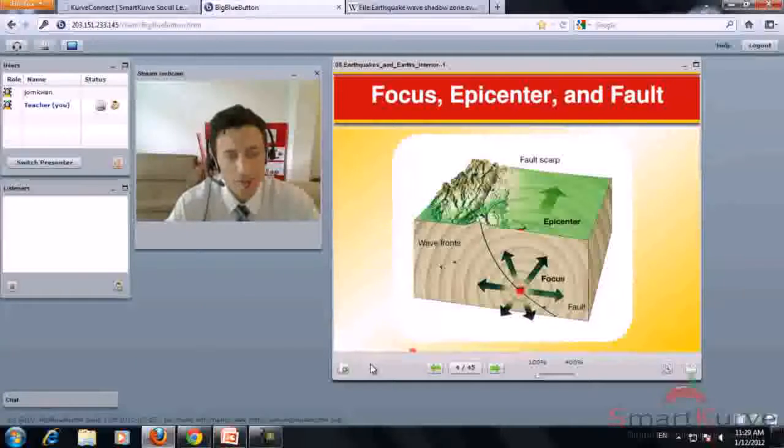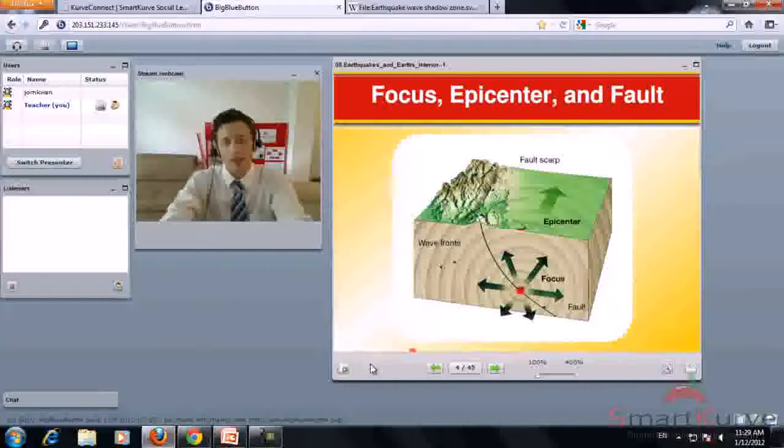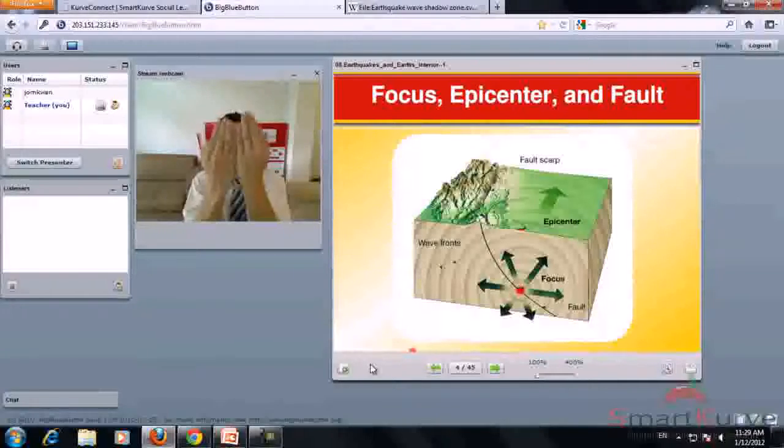The other type of fault that we saw is called a transverse fault. That was like our occluded front from the lesson on weather. That's where two plates are moving in opposite directions like this.